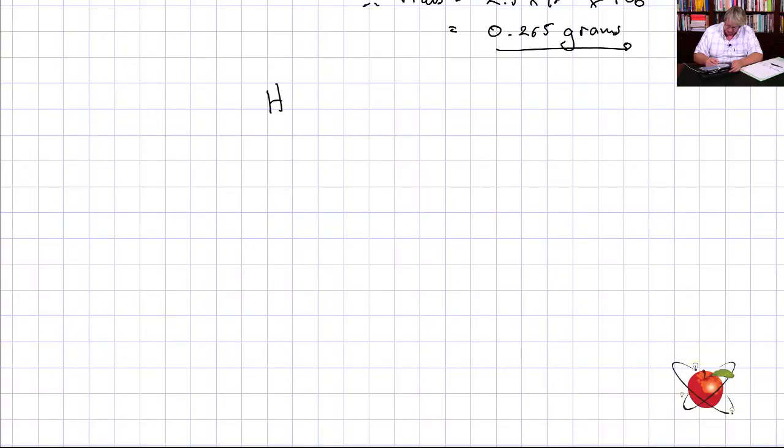Let's just write it down: HCl plus NaOH, that is what we're doing. That is giving us NaCl plus H2O.